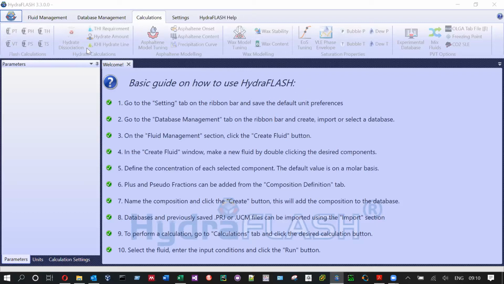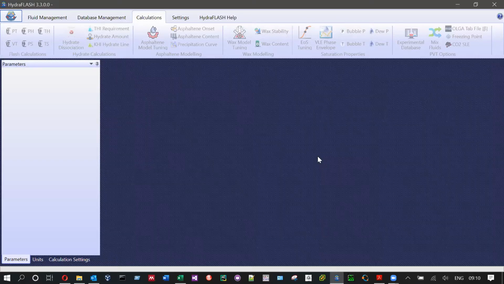This is the main window of Hydroflash. It has 3 sections. The first section is the welcome page, and I can close this one. All the calculation results, graphs, and sheets will be shown in this section.